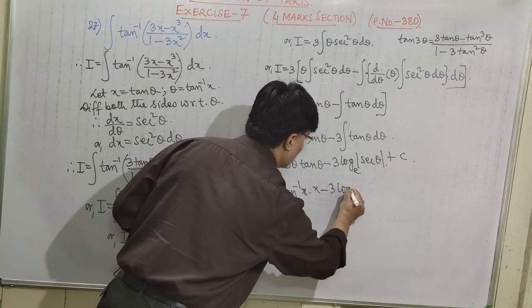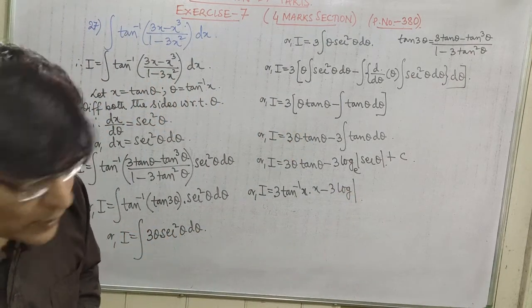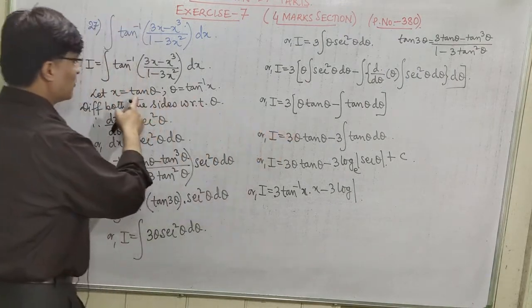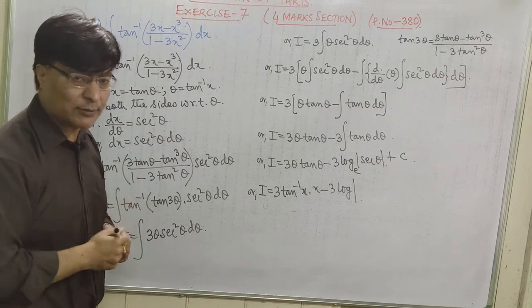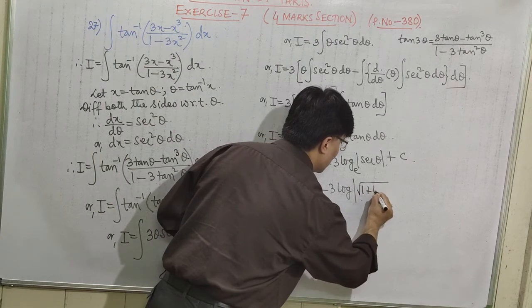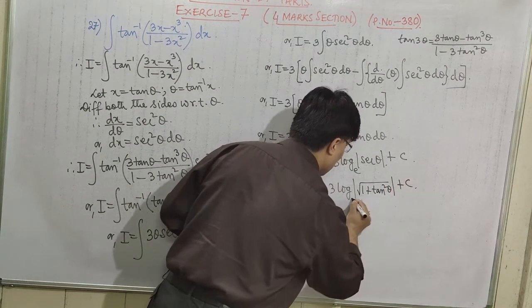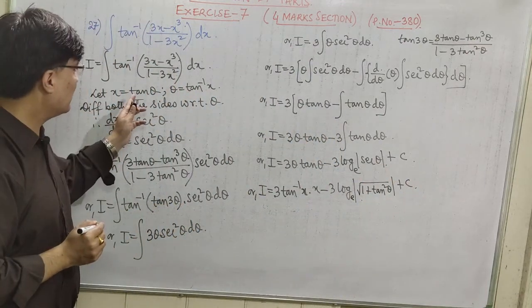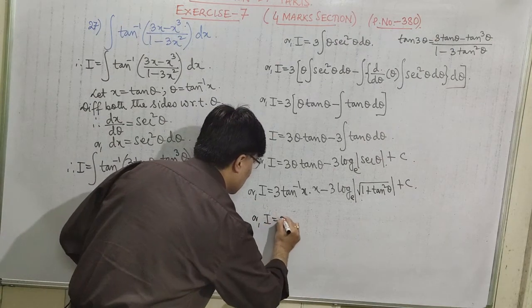Minus 3 log within mod. Now this is sec theta and we have got the value of tan theta is equal to x. So now let us express sec theta in terms of tan. So sec theta in terms of tan is root over 1 plus tan square theta, mod sign closed, base e, plus c. Now we can put the value of tan theta, which is x.